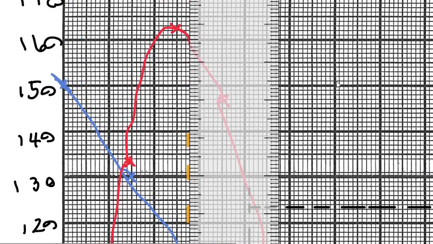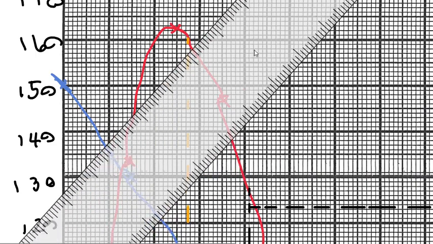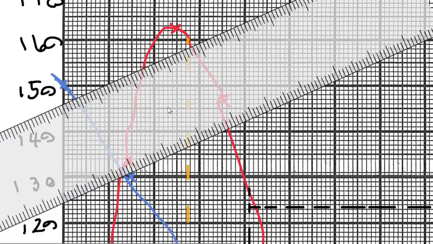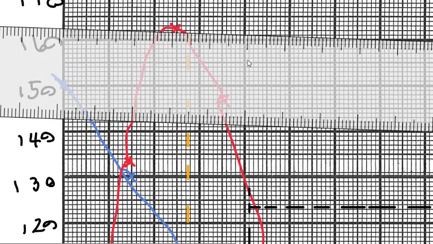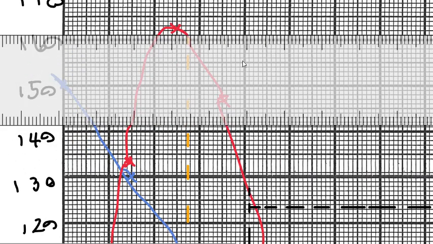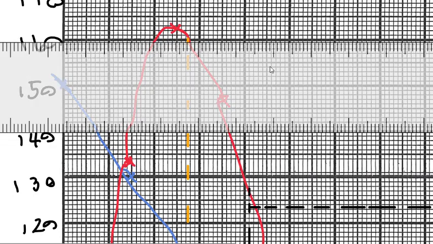And now we're just going to read off what the efficiency is. So this is where it lies. Let's rotate our ruler. More or less to that point. Let's zoom out a bit.